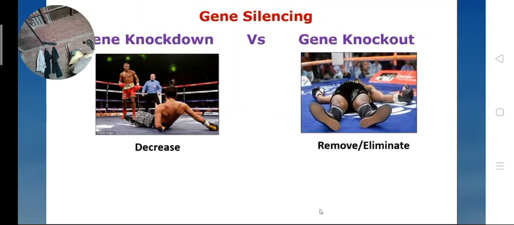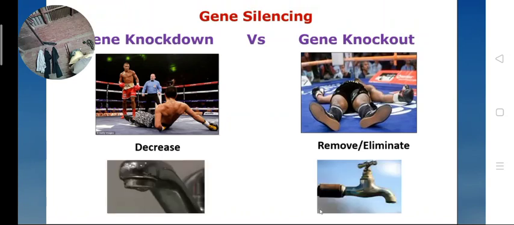So in gene knockdown, the expression goes down, but it cannot be eliminated completely. But in gene knockout, the expression is eliminated completely. Both can be achieved in cell lines as well as in animal models. I will discuss this later on.